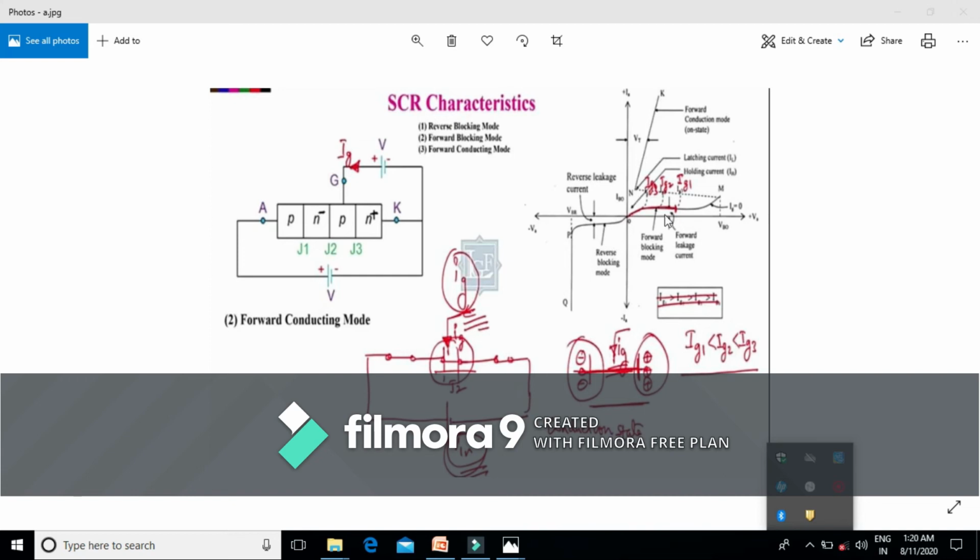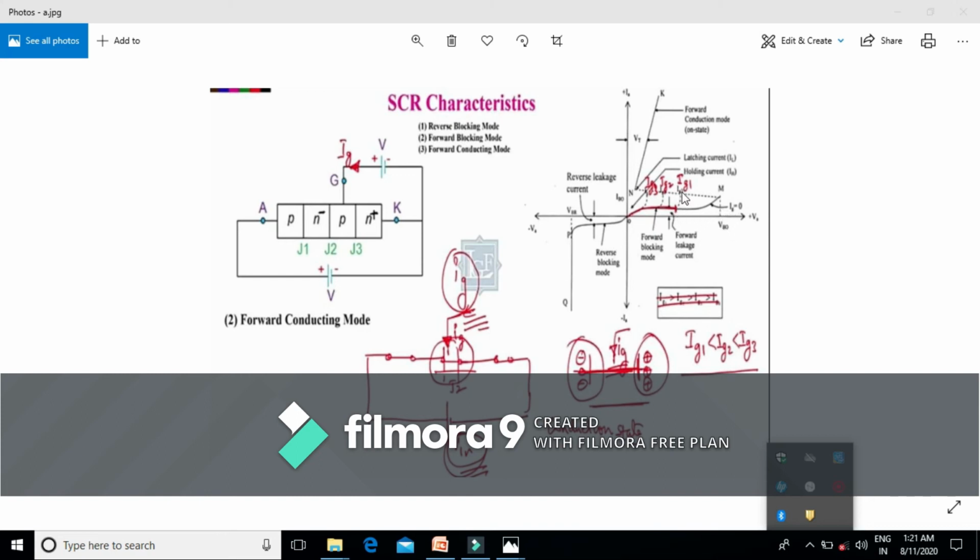If Ig1 is represented by the gate current, and I am applying gate current Ig1, then this Ig1 neutralizes the stored charge across junction J2, and this depletion layer is removed before the forward voltage reaches this breakover.